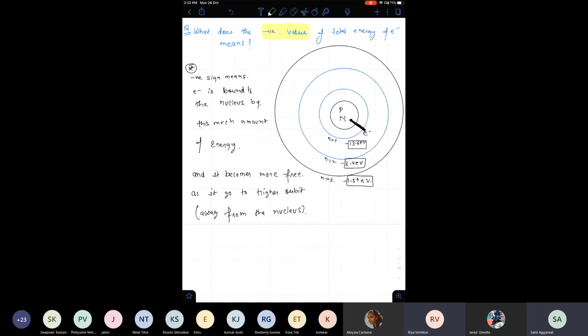This energy, कौन सी energy? Binding energy will become zero only at n equal to infinity, which is hypothetical.